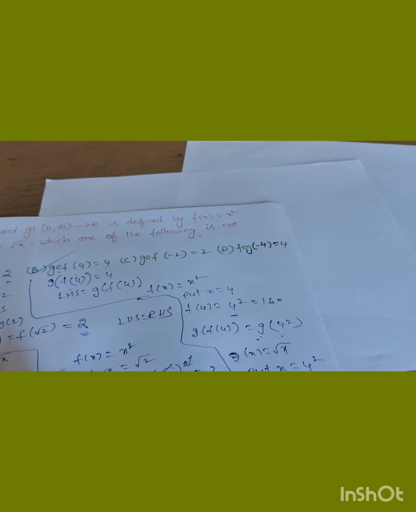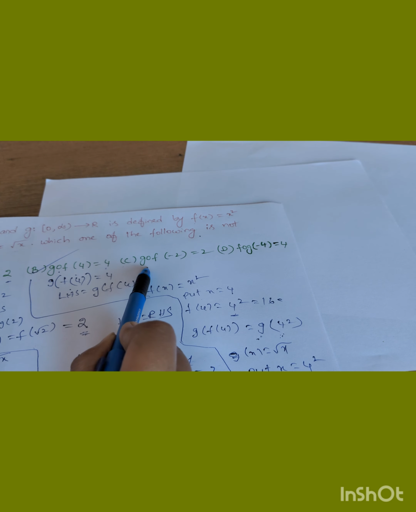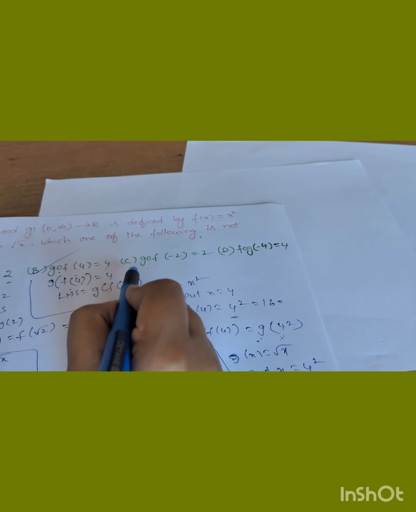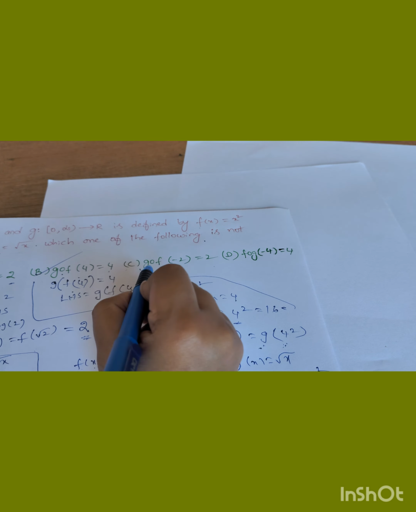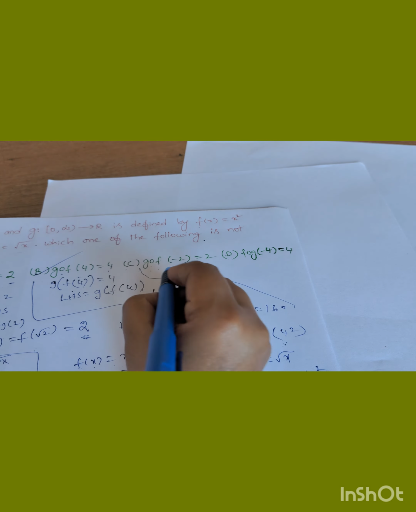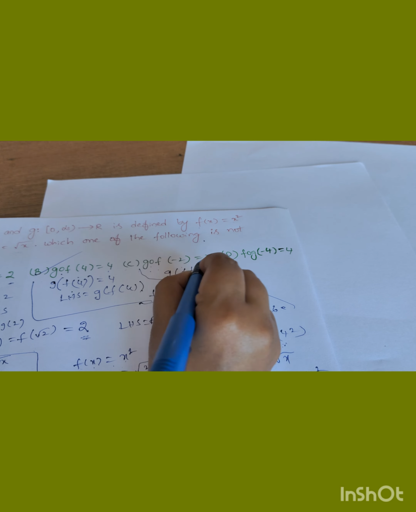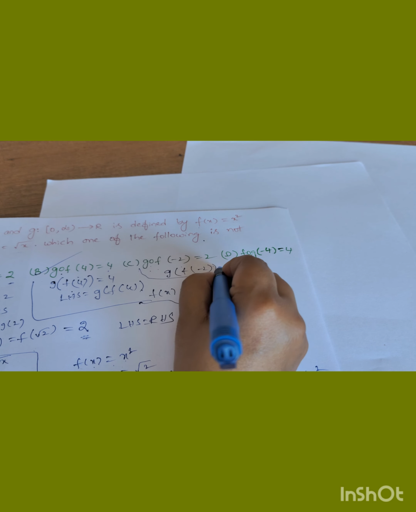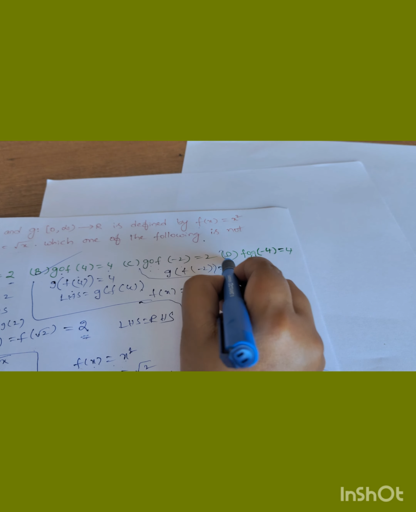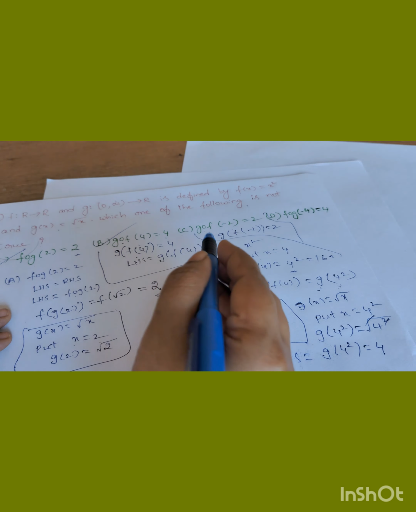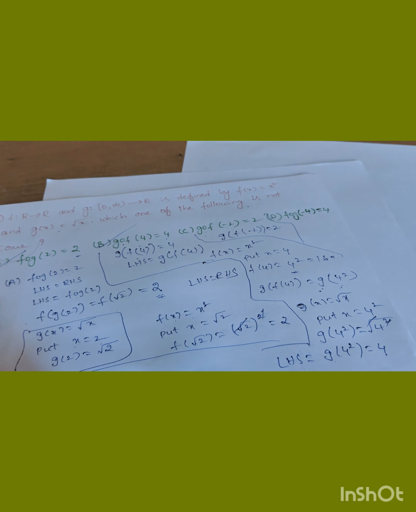Next, option C. What is option C? g circle f of minus 2 is equal to 2. I said already, circle means "of". So g of f of minus 2 is equal to 2. We need to prove LHS is equal to RHS, then it is true. So first find LHS.